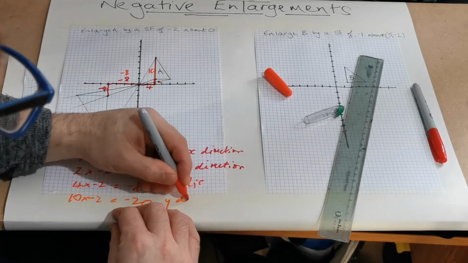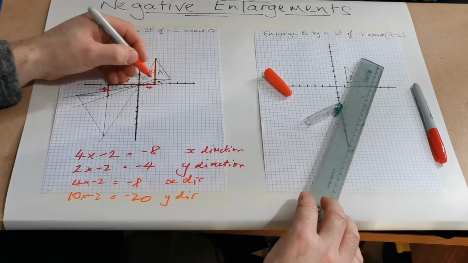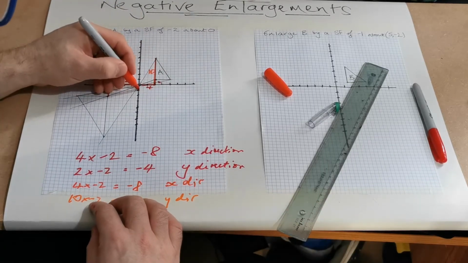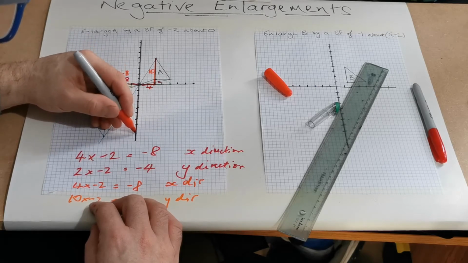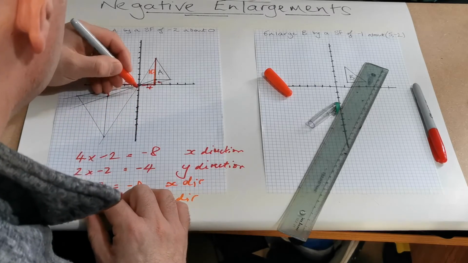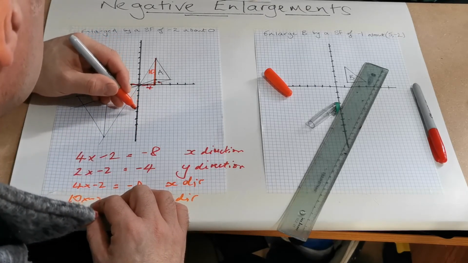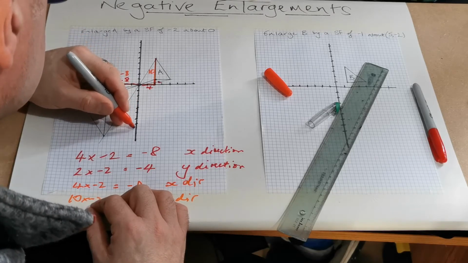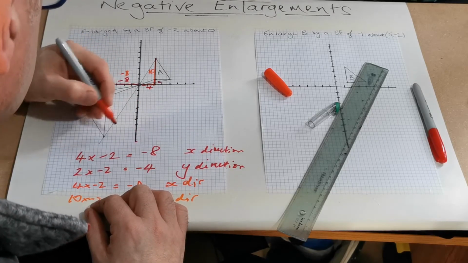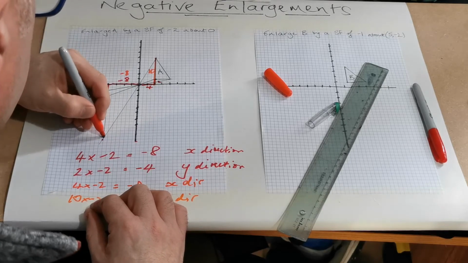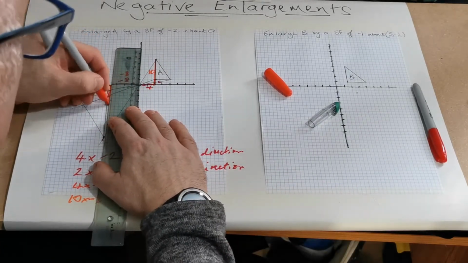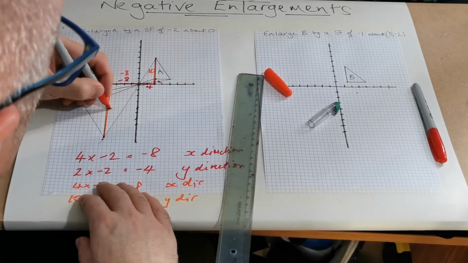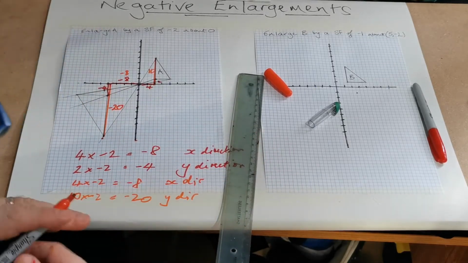This is the y direction. So 10 times -2 would give me -20. 2, 4, 6, 8, 10, 12, 14, 16, 18, 20. Well, it should have ended up down here. I wasn't far out. You get a bit of leeway on a drawn one in an exam. But that's the idea.